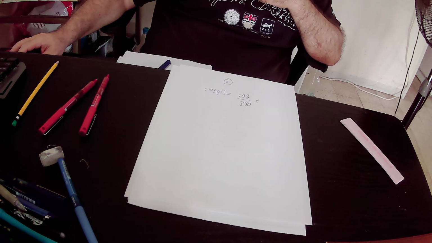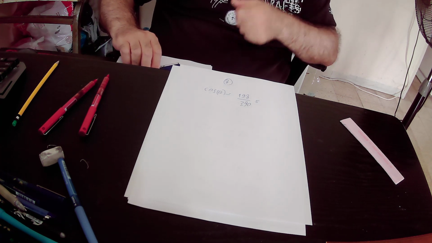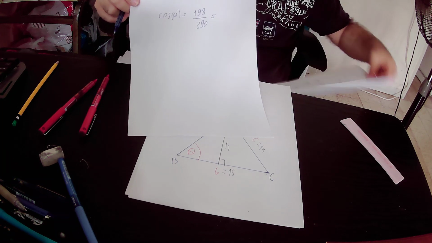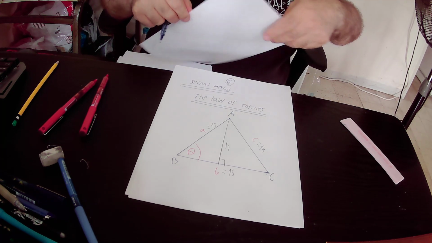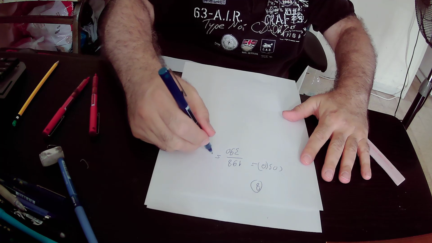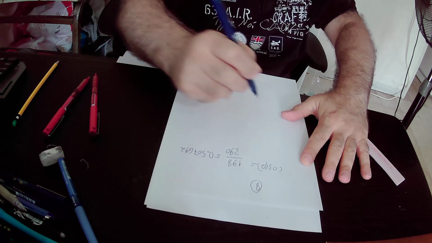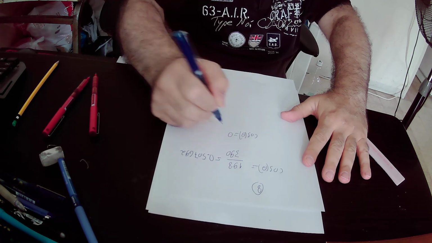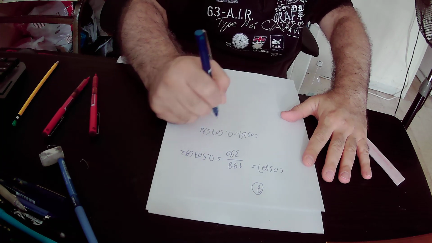198 over 390 equals 0.507692. Okay, cosine theta equals 0.507692.